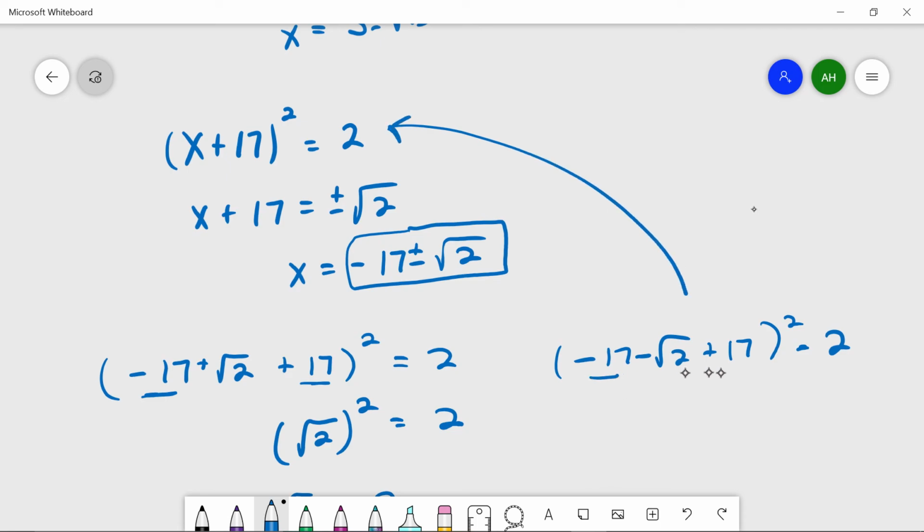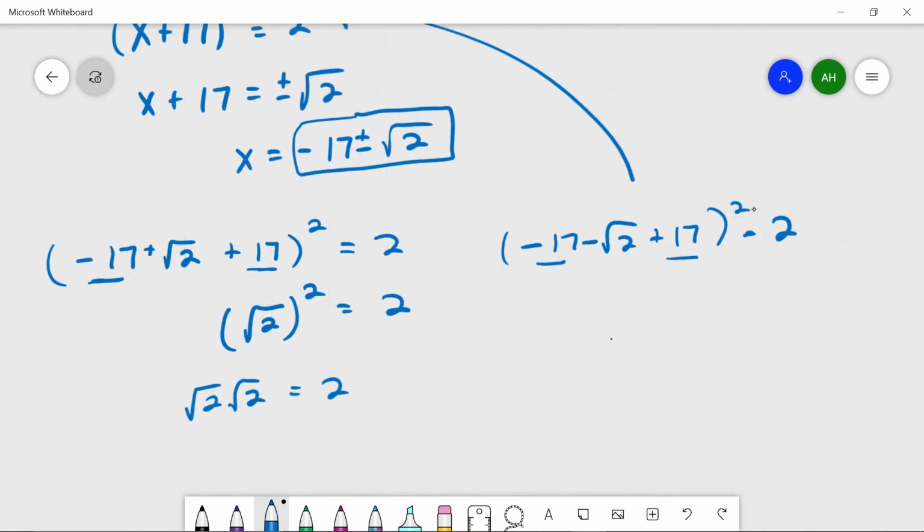Again, negative 17 and positive 17, those two cancel out. So I have negative the square root of 2 squared equals 2. All right, so the negative square root of 2 times the negative square root of 2 does indeed equal 2. When I do the negative times the negative, it becomes a positive.